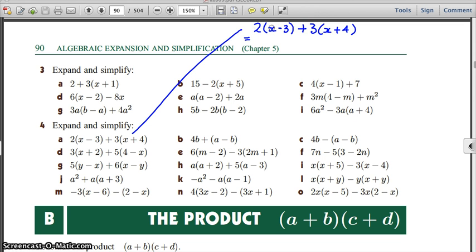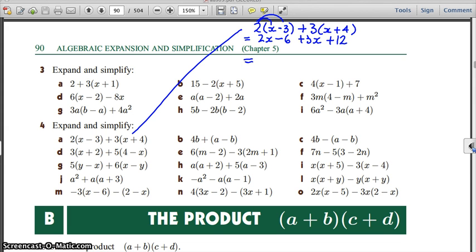And then don't worry about what's there, just do this on its own. 2x, positive and a negative, we do the signs first. 2 times 3 is 6. And then we've done that one. 3x, so it's positive 3x. 3 times 4 is 12.